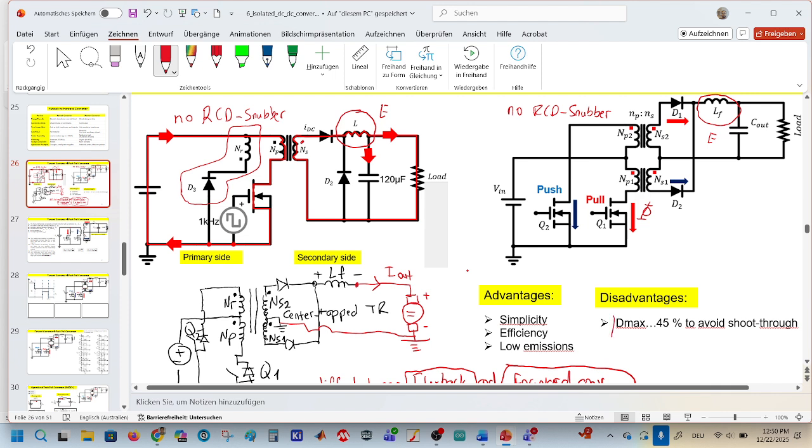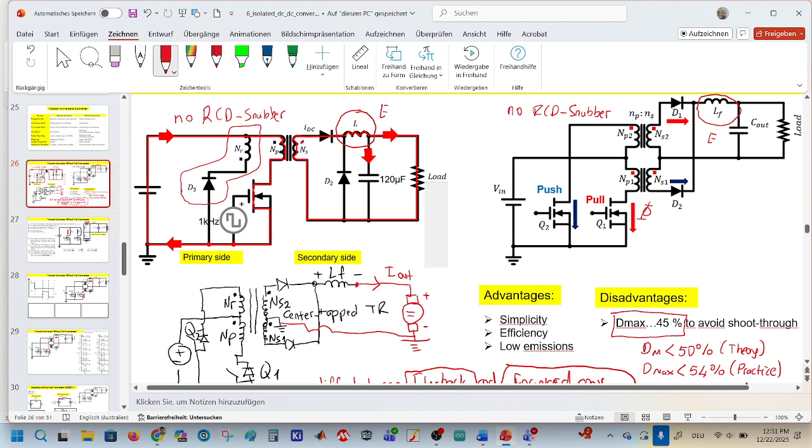We know that the maximum duty cycle of any DC-DC converter that has a transformer should be, actually, this was the theoretical value, but in practice, if you remember from the data sheet of the flyback converter that we studied 2 weeks ago, it was approximately 54%.